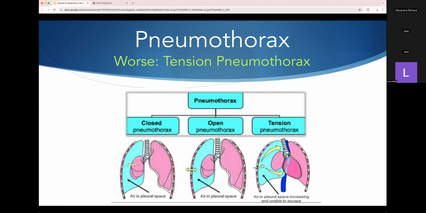So this is going to lead to severe respiratory distress. Keep in mind for pneumothorax, the worst case scenario is a tension pneumothorax. So if on the NCLEX you get a question mentioning that the trachea is no longer midline, this is an airway problem and this is the priority patient.